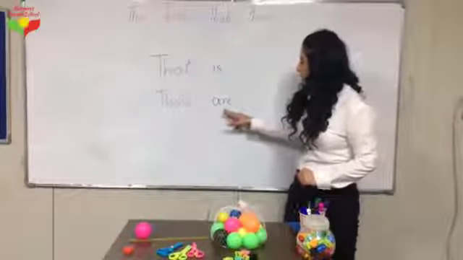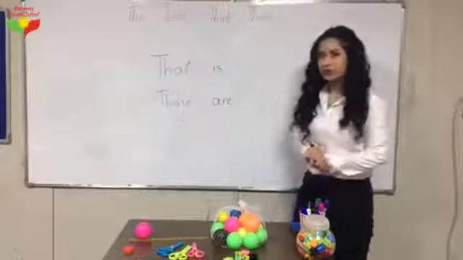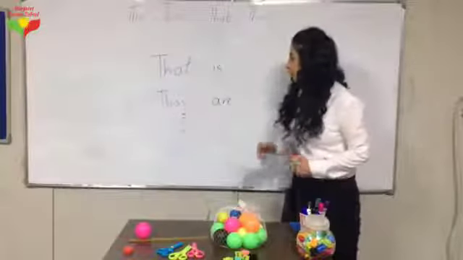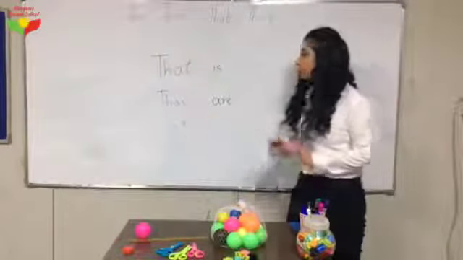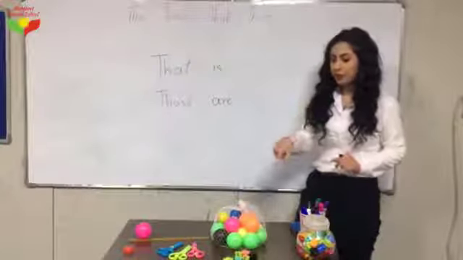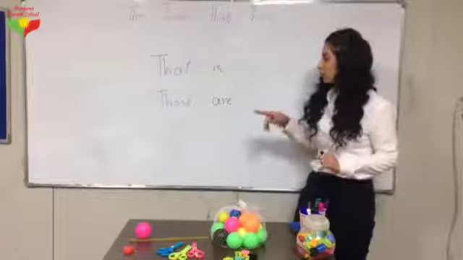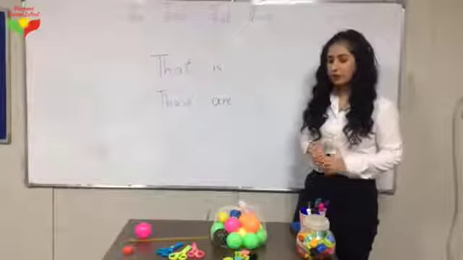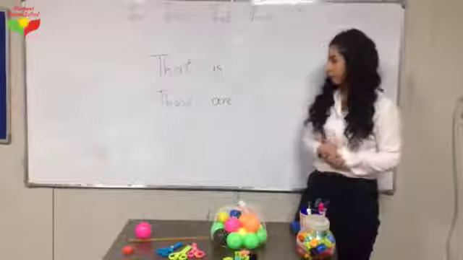We use are with those because those is plural. We use those to talk about more than one thing. For example, those are my balls. I mean 2, 3, 4 and more.